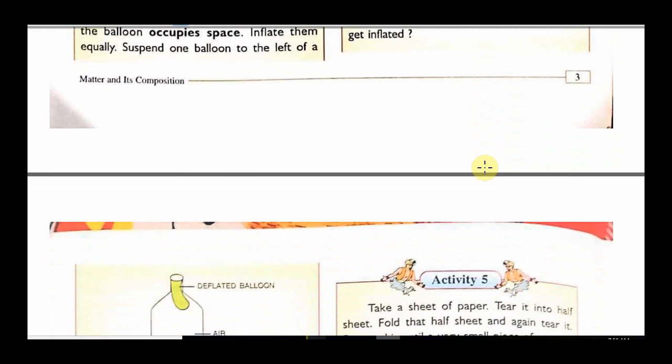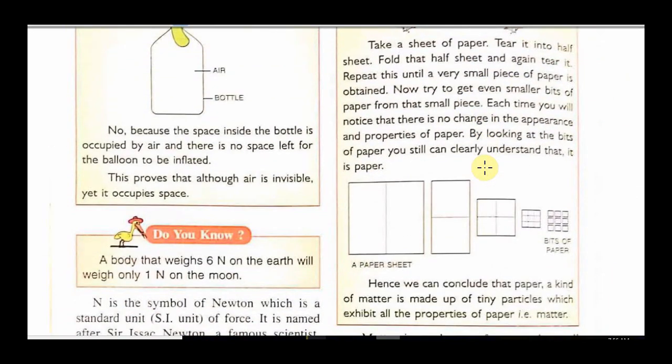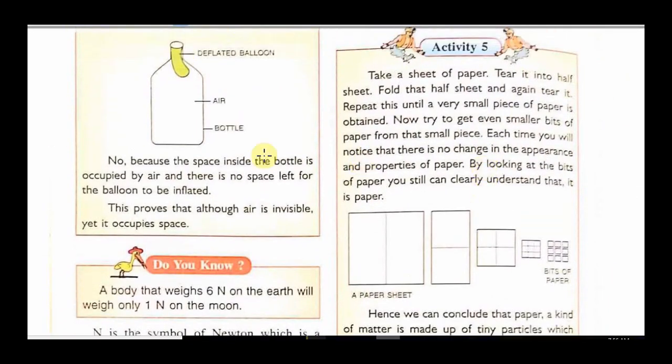You can see the figure on the left hand side of the screen. The space inside the bottle is occupied by air and there is no space left for the balloon to be inflated. It means that air is invisible, but it occupies space and it has mass also.